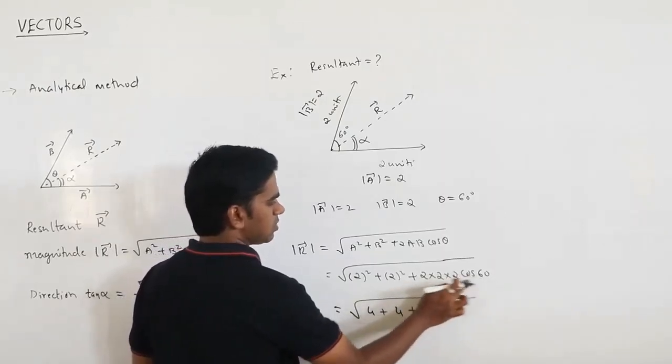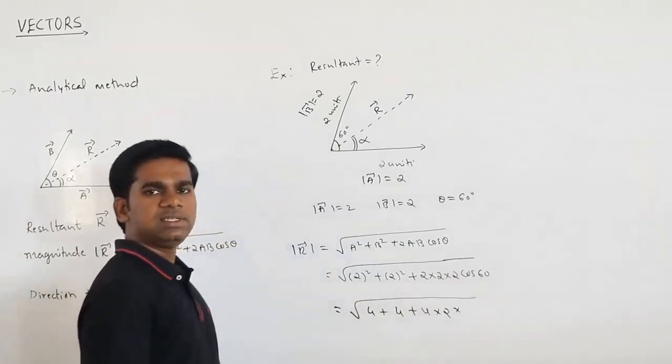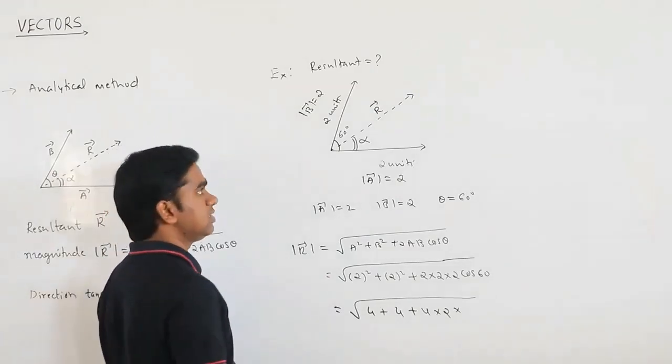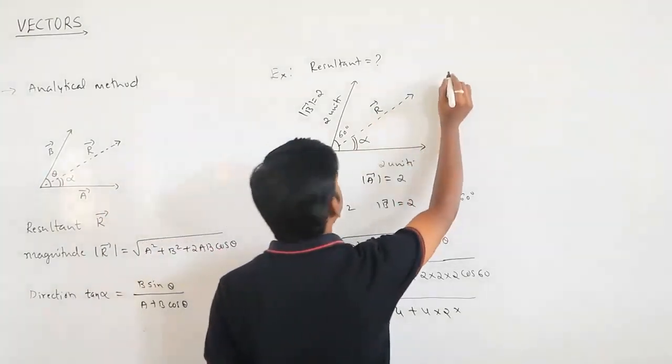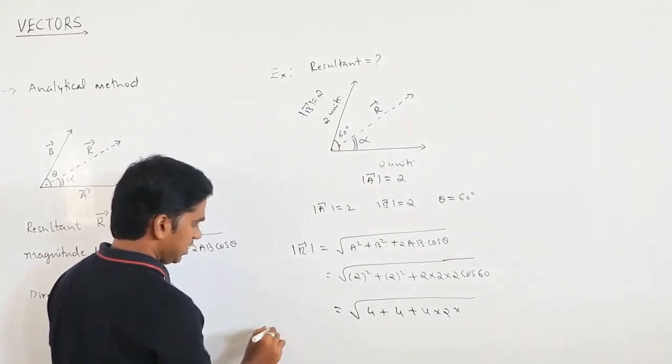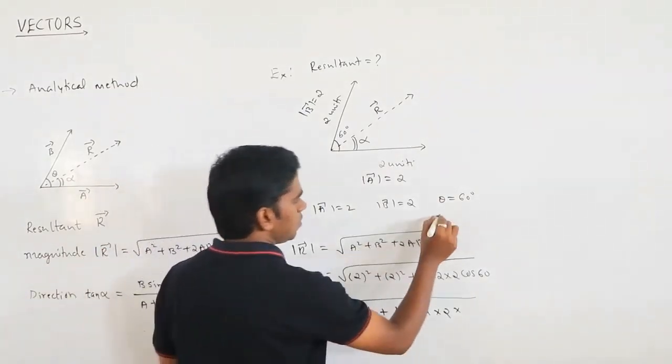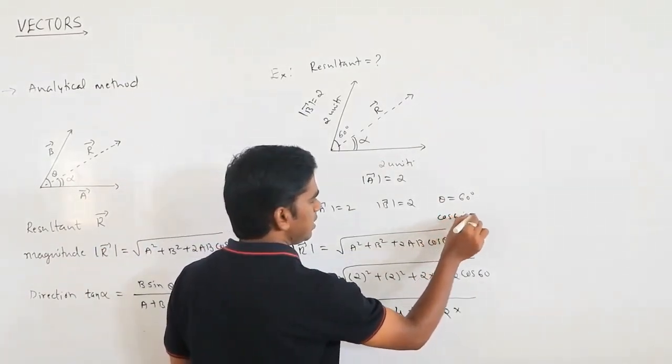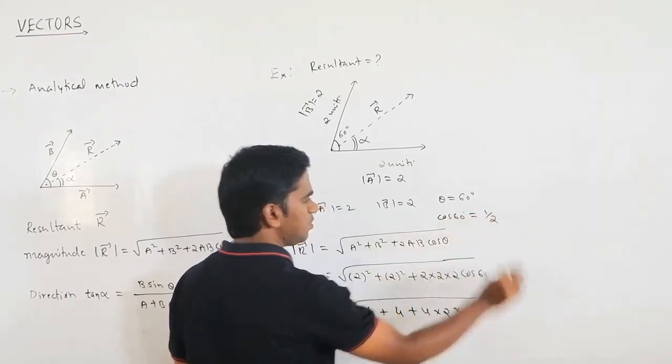So what about this cos 60? Cos of 60 degrees is 1 by 2.